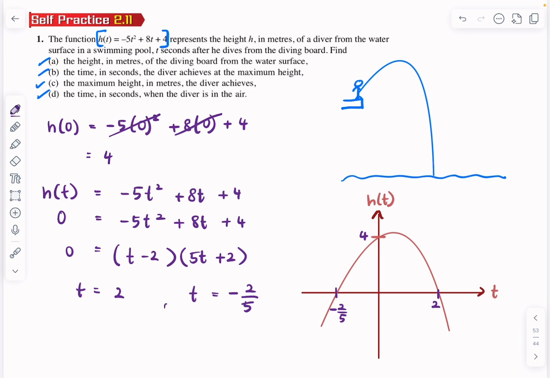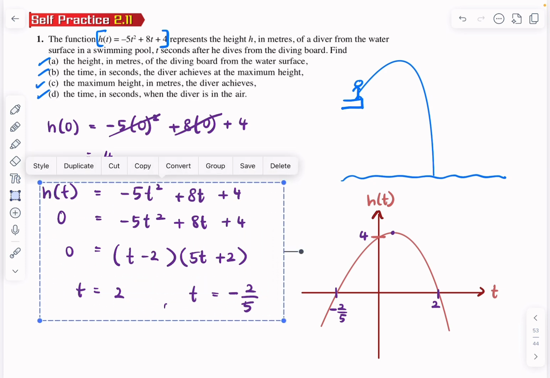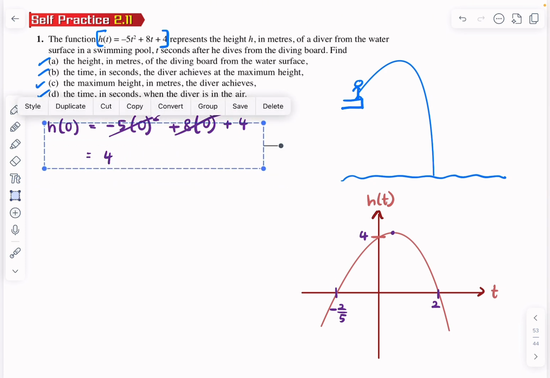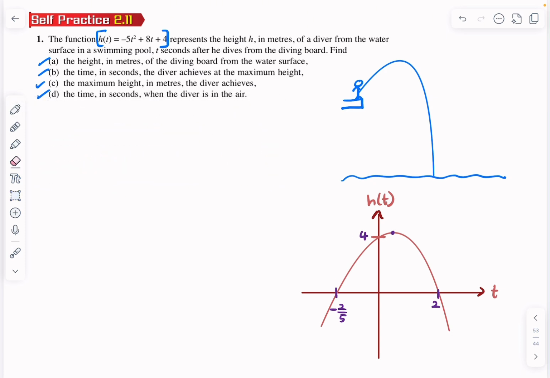So far the graph is coming together. Now we need to find the maximum point, the vertex. To get the vertex, let's complete the square. Completing the square will give us vertex form. So h(t) is -5t squared plus 8t plus 4.